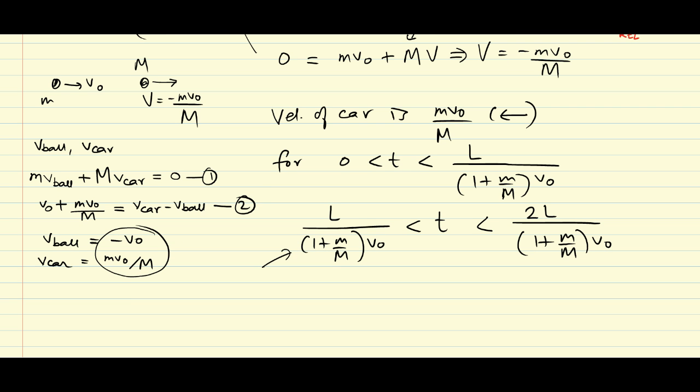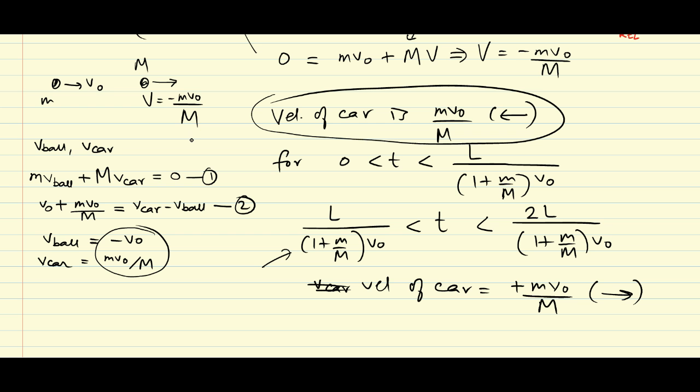So for this particular time interval, what's happening is the car, remember we are interested in the velocity of the car, so the velocity of the car for this particular time interval is plus m, it's moving in the rightward direction, into v naught upon capital M, rightward direction. So for the first time interval it was traveling leftward at a certain velocity.